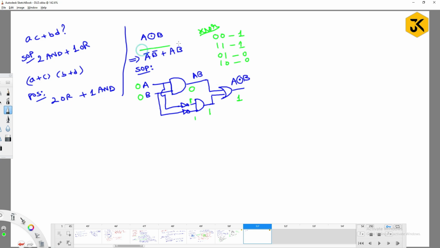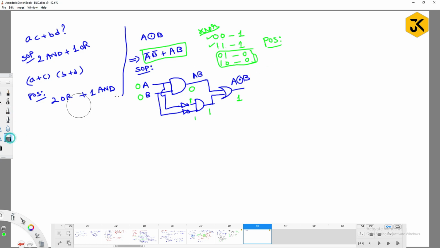How did you get this expression? First, I will take these two parameters, A bar B bar or AB. For these two cases, I am not going to consider them, right? If it is product of sums, what am I going to do? I am going to consider these two.